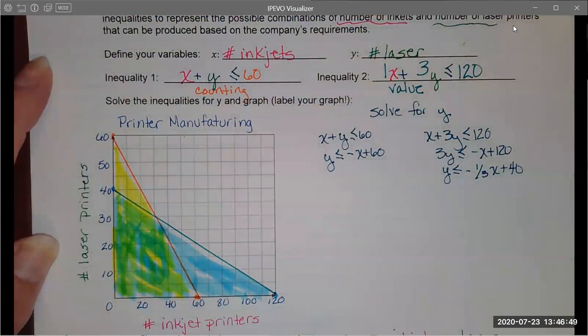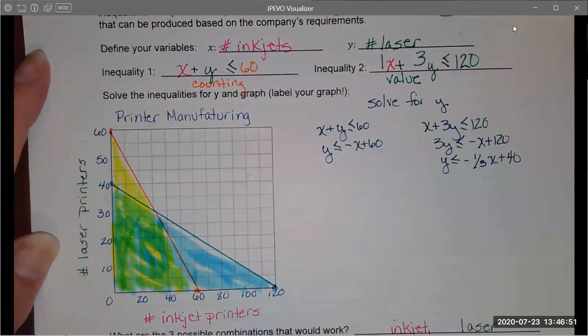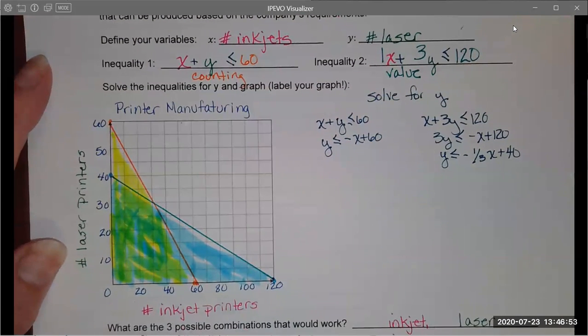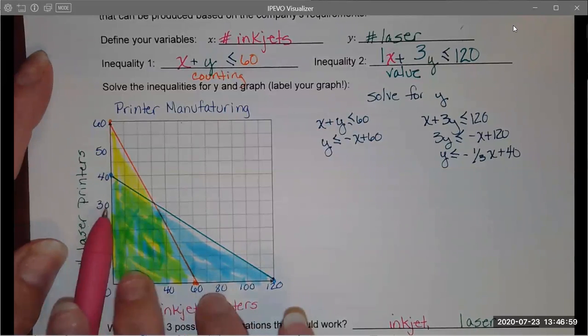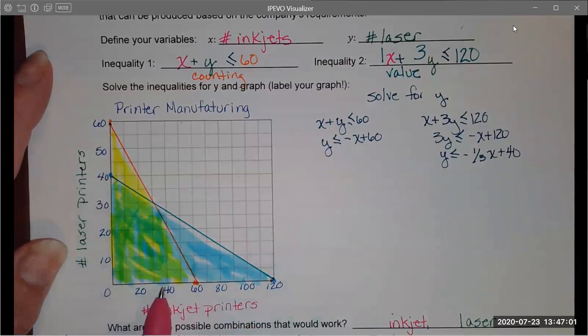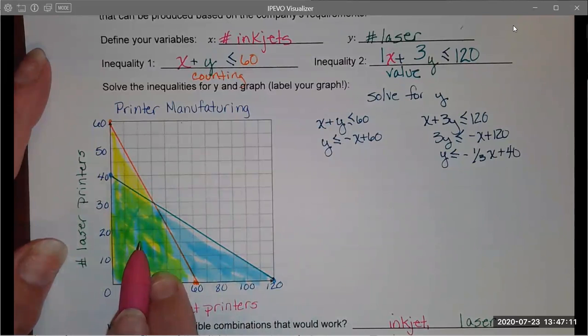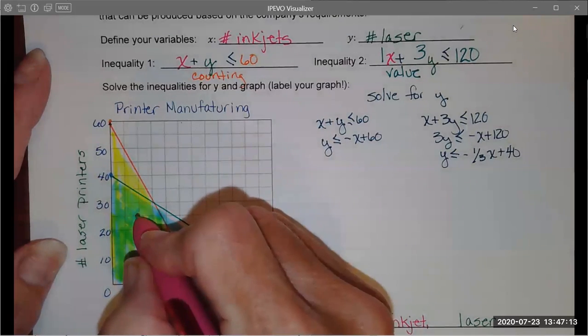I'm now asked to identify 3 possible combinations that would work. I can choose any combination, any ordered pair that is either on the lines or inside this area. So I might choose to say, oh, I can make 20 inkjet printers, and if I go up, I can choose 10 laser printers or 15 laser printers or 25 laser printers.